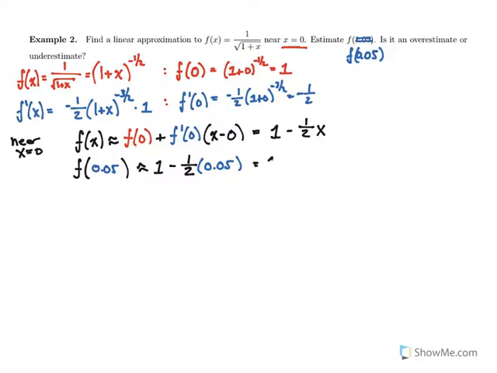And this will be 1 minus half of 0.05, which is 0.025. And this is going to be 0.975.